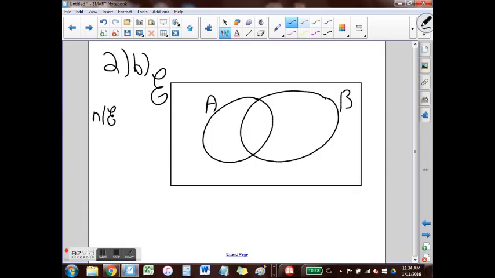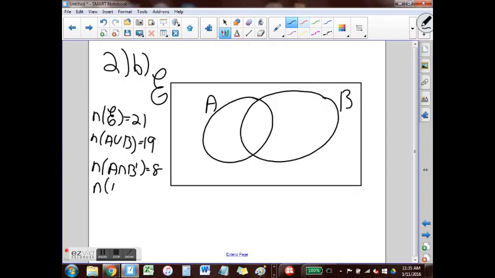The number in A union B is 19. The number in A intersect with B complement is 8. And the number in A is equal to 12.